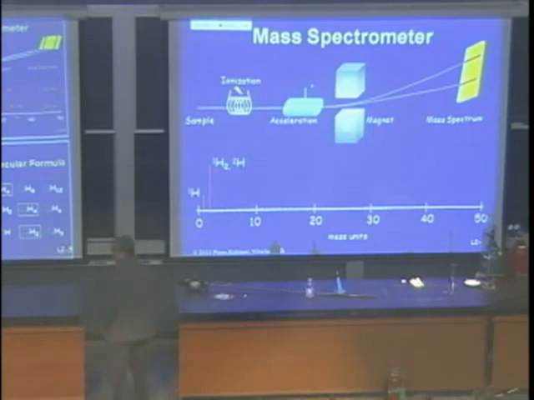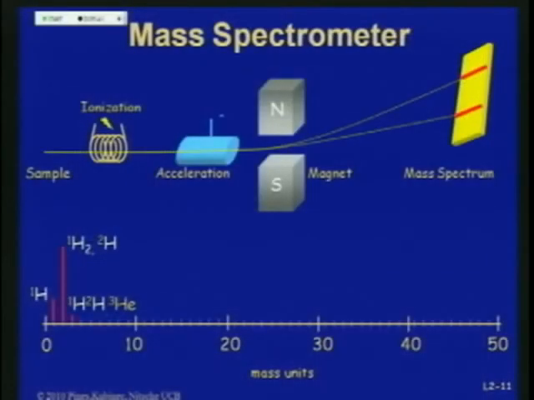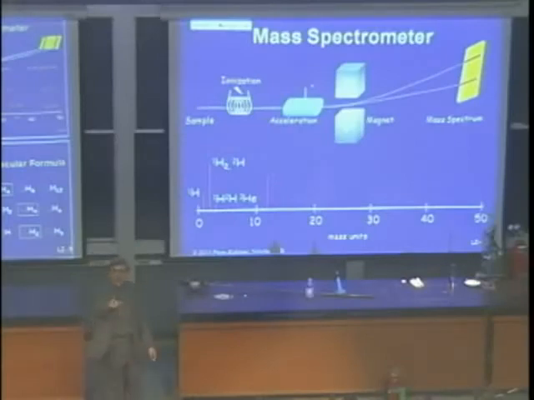Now let's go to mass 3. What would that be? That could be helium-3. All right, not helium-4, but helium-3. Or it could be the combination molecule: hydrogen and deuterium would be mass 3. Now we go to mass 12. What would that be? Come on. Carbon-12, okay?